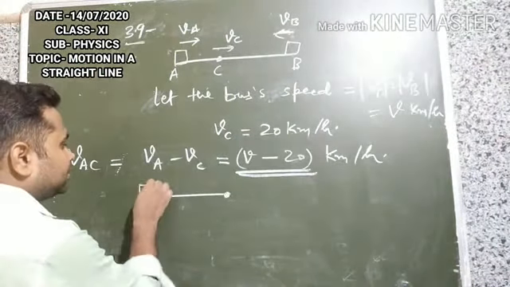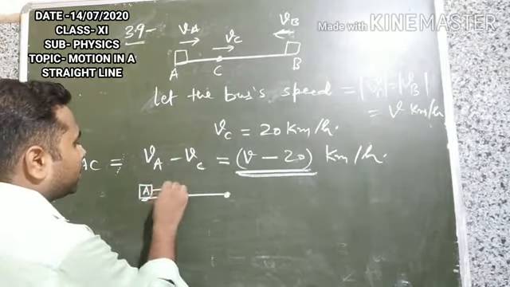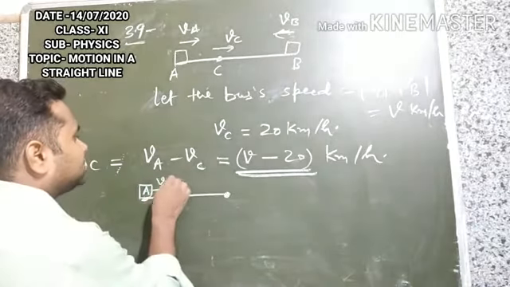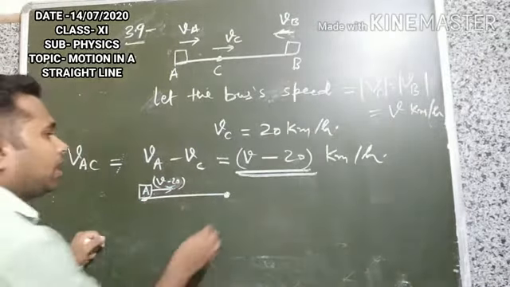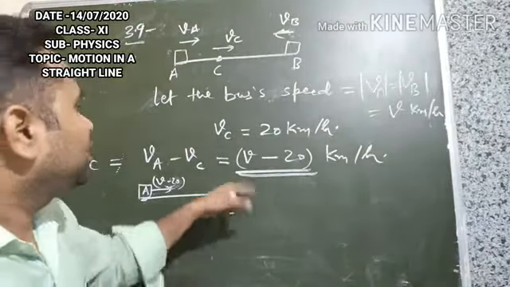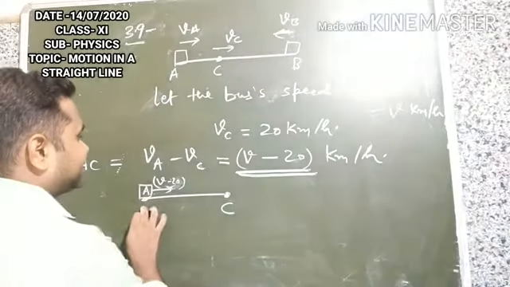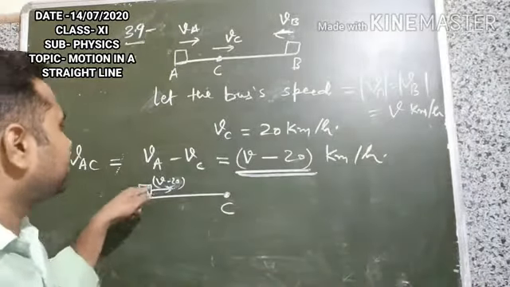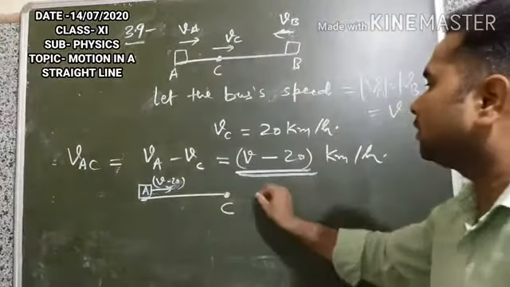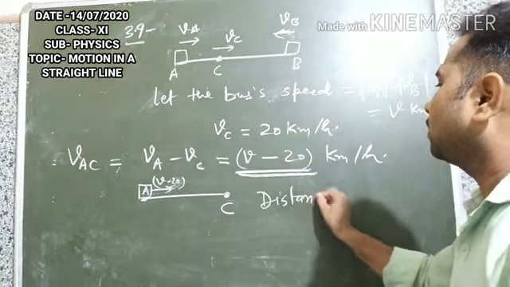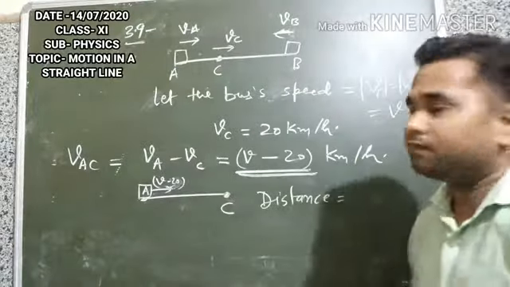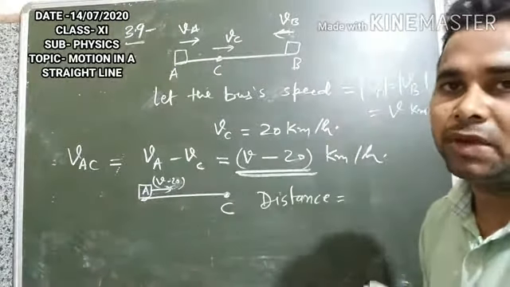There is a bus that starts from town A moving with this velocity, that is V minus 20, and this is the cyclist, which is supposed to be here at rest. Now the distance traveled by this bus to reach the cyclist equals, now see here, distance equals speed into time.